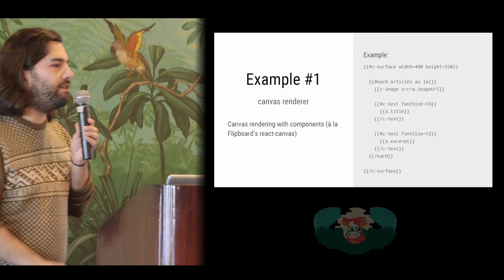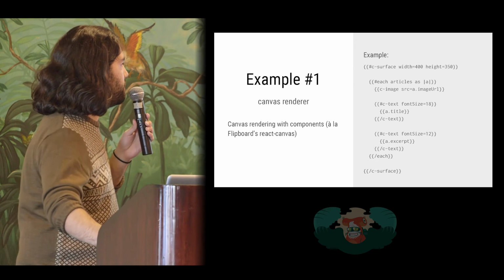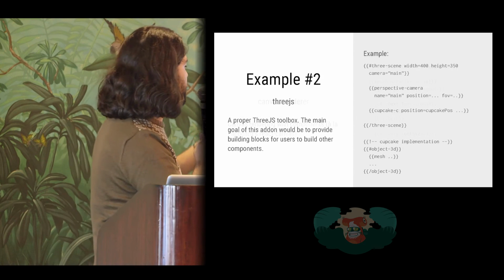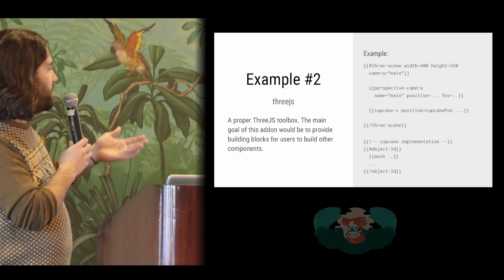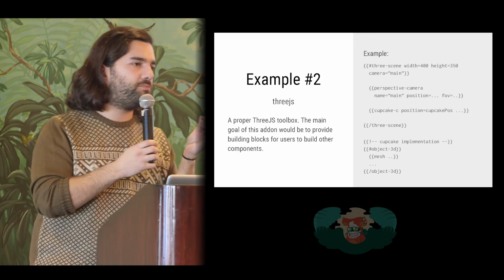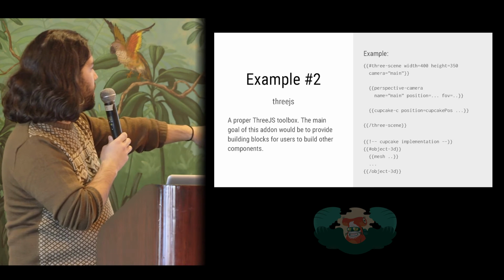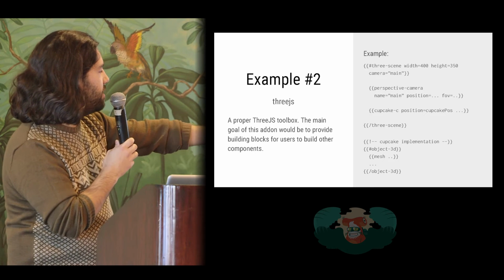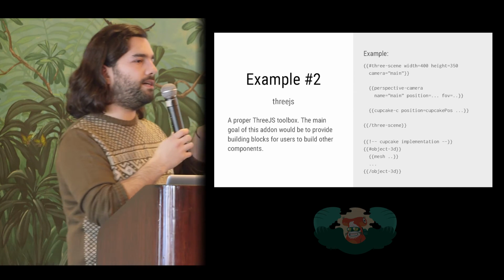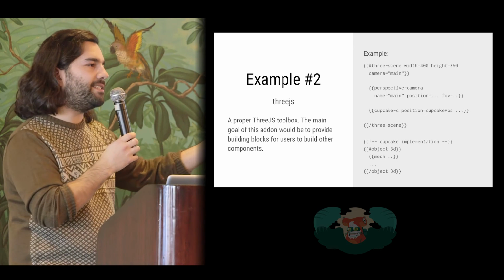Maybe this is a new kind of component the Ember core team should address, because of one thing we'll see in a minute. So example 2 is that you could do a proper 3JS toolbox. This add-on wouldn't have as its main goal for end users to use it, probably, or maybe, but you can imagine some primitives like Object3D there at the bottom. You could implement a cupcake component, really nice and declarative.